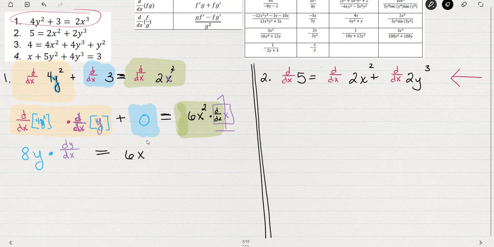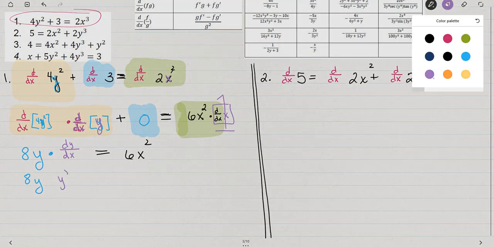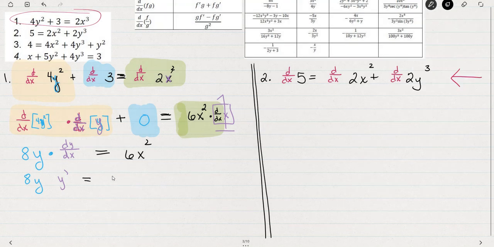Equals 6x squared. Let me rewrite this slightly and call that dy dx, let me call that y prime. And now all I've got to do is solve for y prime, because the direction said to find y prime. Here's where we go back to just basic algebra 1. If I want to solve for y prime, I can divide both sides by 8y.